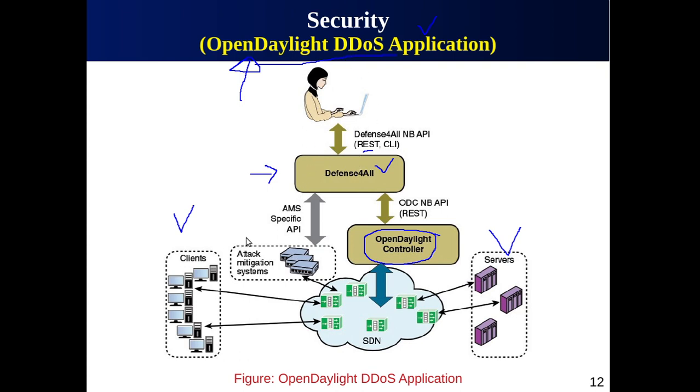You can see we have different components like the attack mitigation system, which in short is known as AMS. This application will monitor the traffic that goes through these switches.